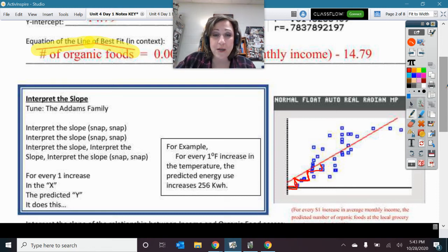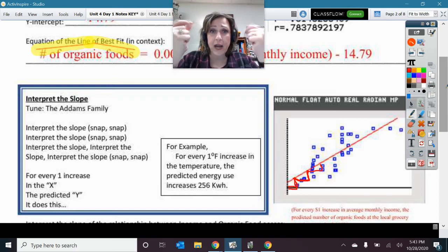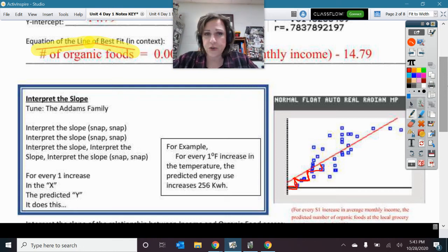And so that's exactly what we're learning how to do. Interpret the slope. For every 1 increase in the x, the predicted y does this. Interpret the slope. All right, so let's do it here.